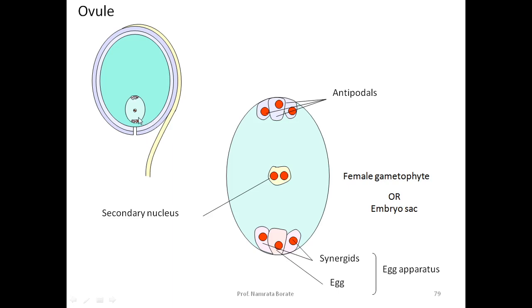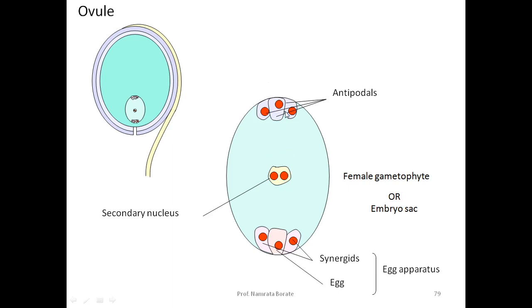This means that in the ovule, one of the cells of the nucellus acts as sporogenous tissue and forms the functional megaspore, and from the functional megaspore the embryo sac develops inside the nucellus, which is a 7-cell, 8-nucleated structure.